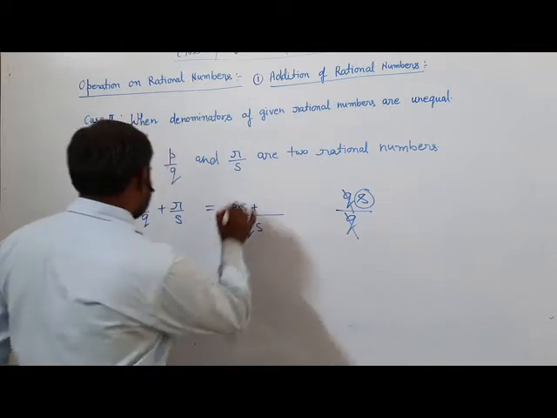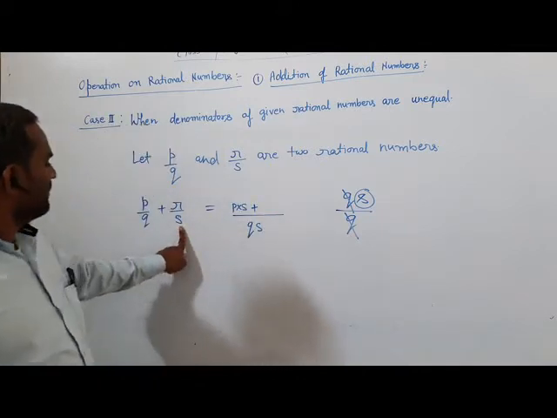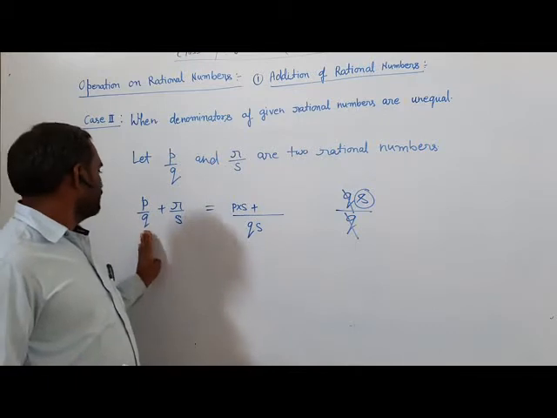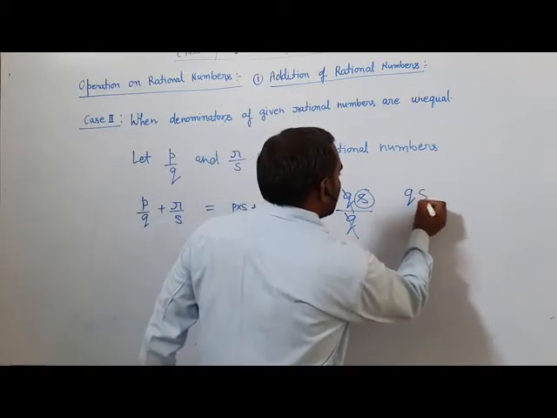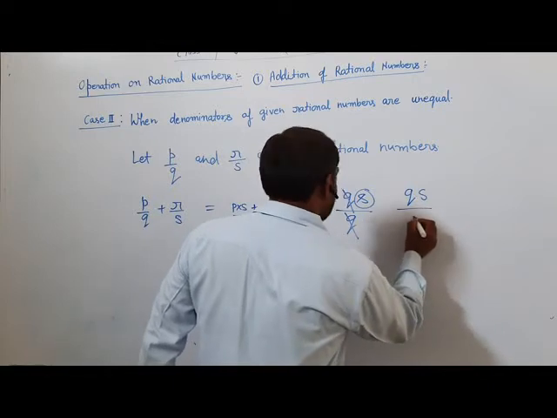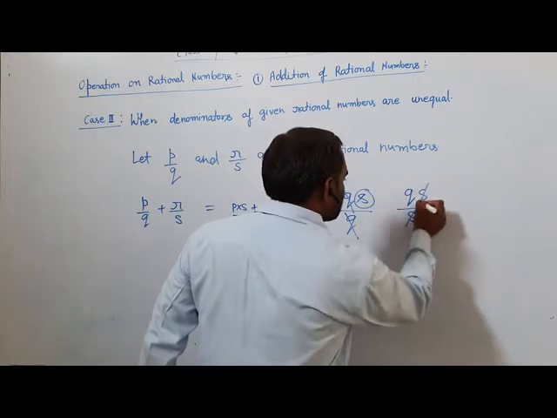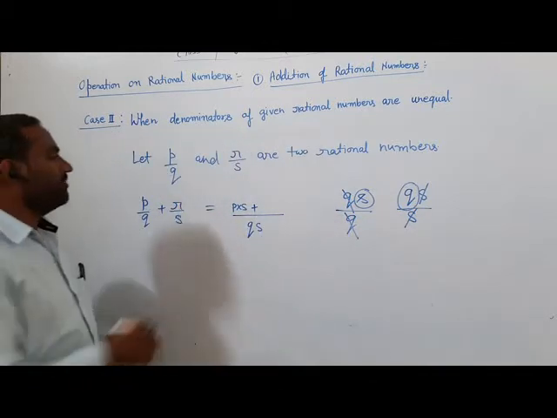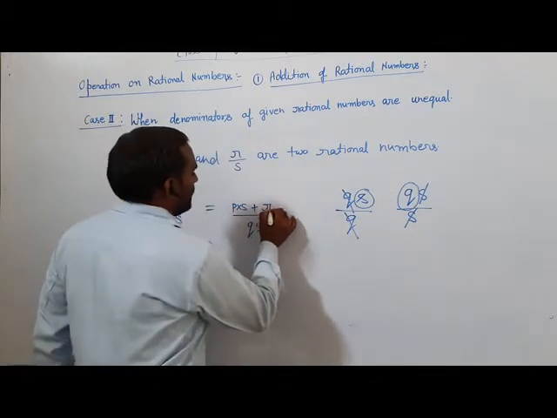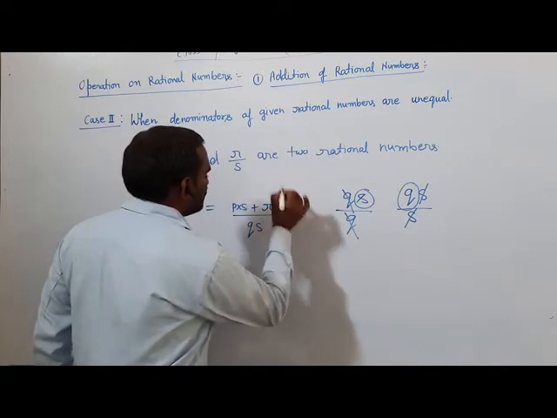The LCM of q and s is qs, so we divide qs by s; s is cancelled, the answer is q, so we multiply r by q, that is r into q.